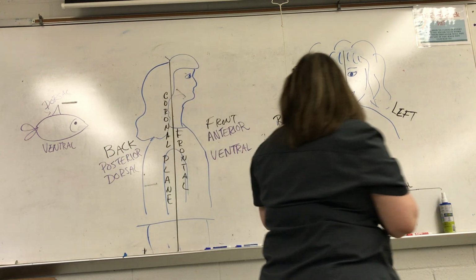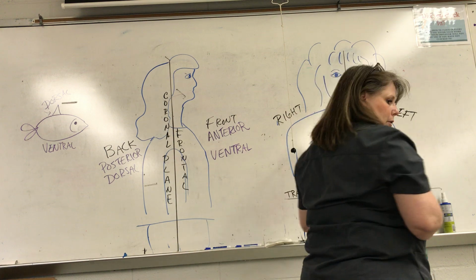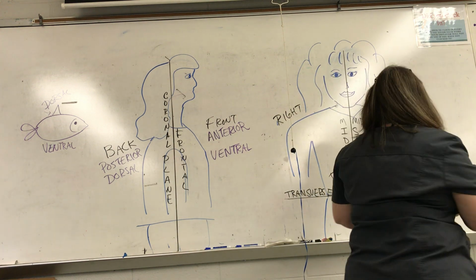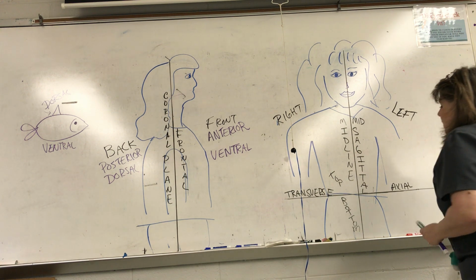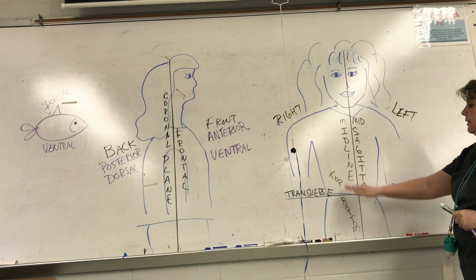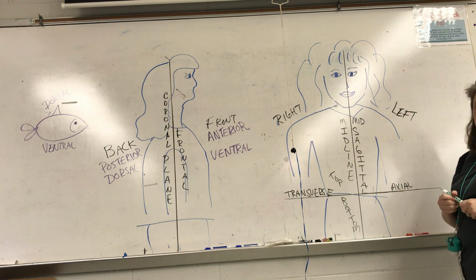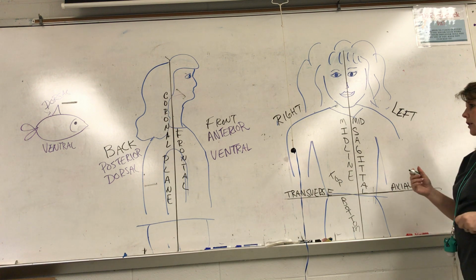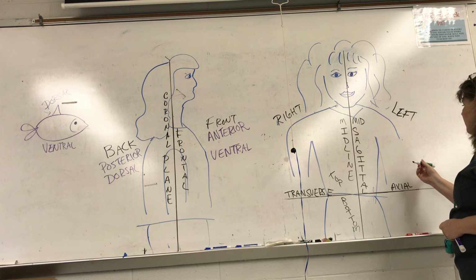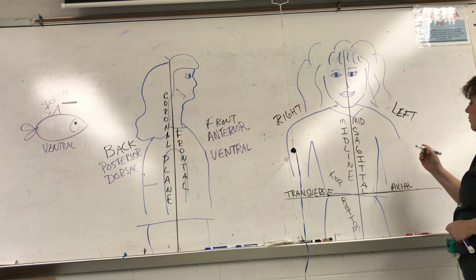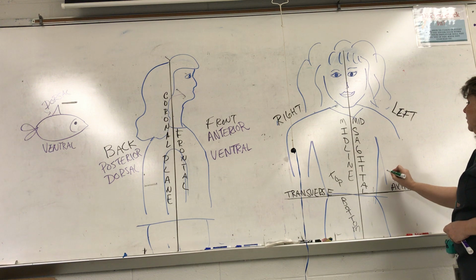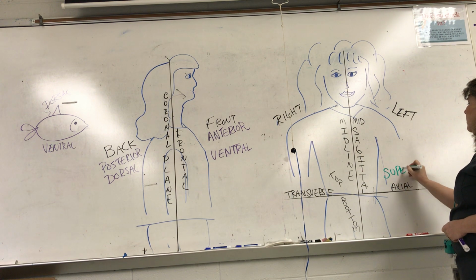Now back over here, lost my green marker, here it is. The transverse or axial plane that divides us top from bottom divides our sections into two words. Above the transverse plane, also known as the top, is superior.